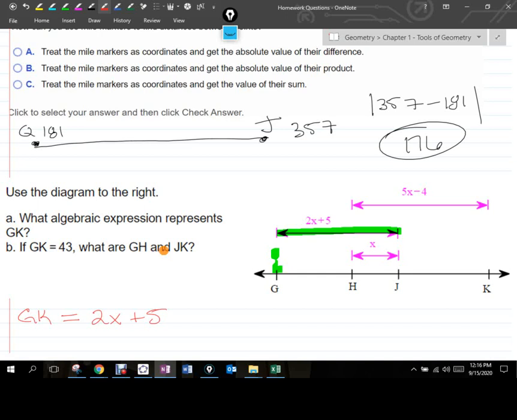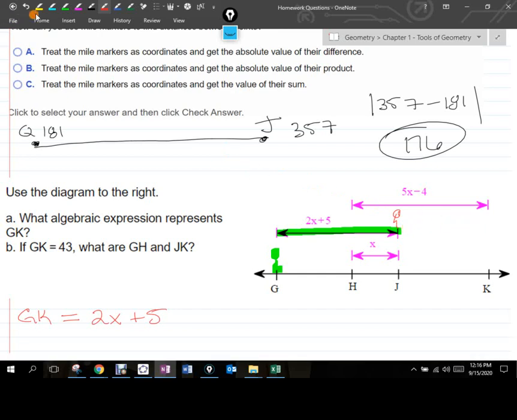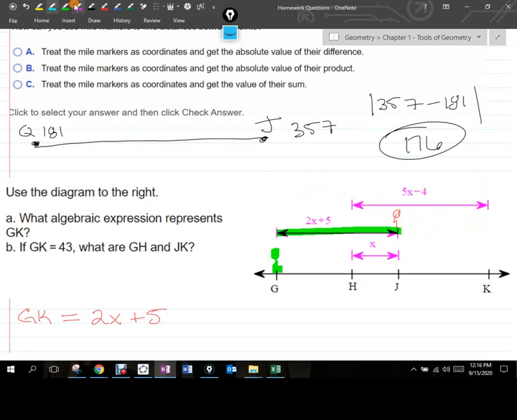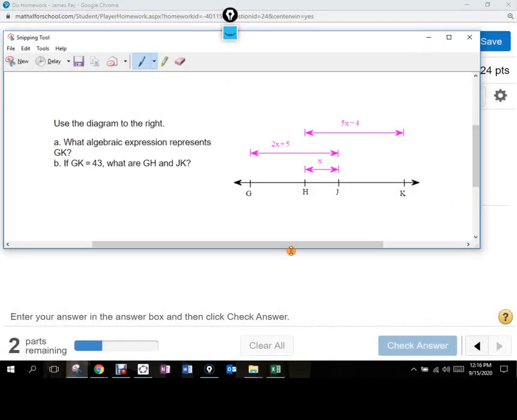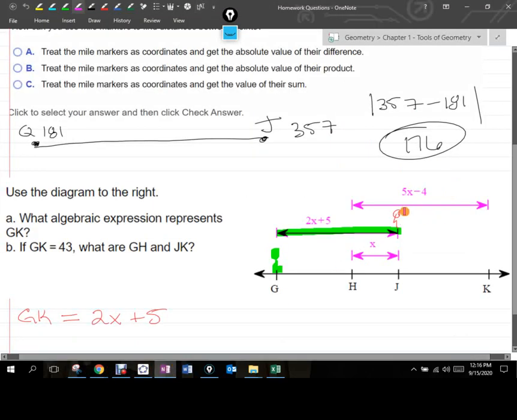Now, I pause here at J, stop, catch my breath, and now I'm going to continue walking to K. Well, I'm only going to walk kind of that portion of that top line, right? Does that make sense, everybody?